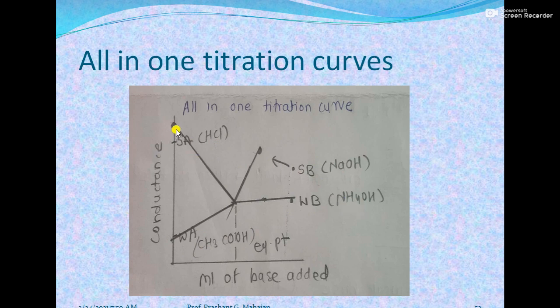So you can see here, this is the first titration curve, strong acid versus strong base. Then second, weak acid versus strong base. Then third, weak acid versus weak base. And last, strong acid versus weak base.